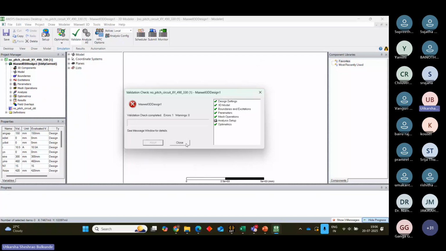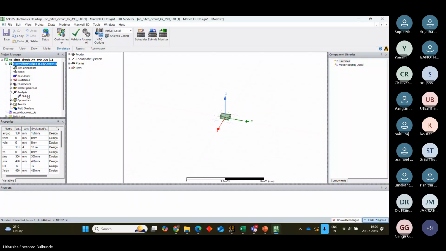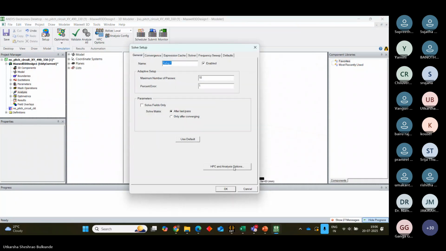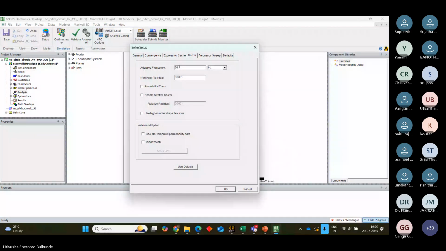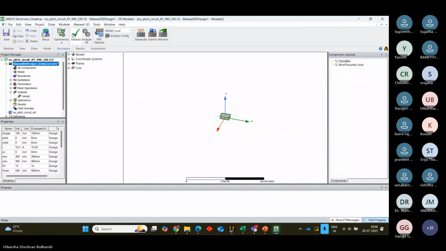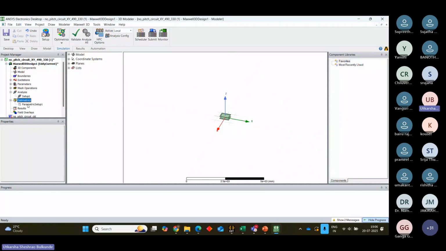In setup we have to do again. Optimetrics we will change.